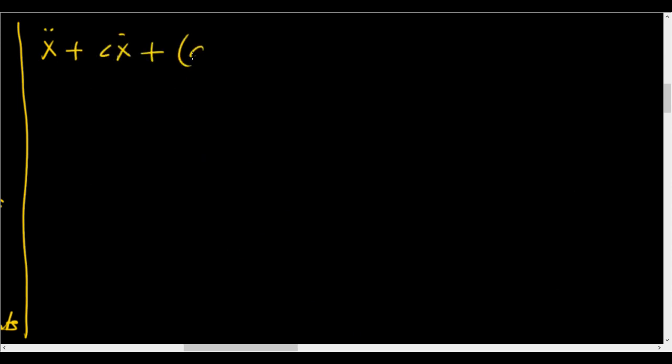You have already seen this equation, x double dot plus c x dot plus (a plus b cos t) x equals 0.